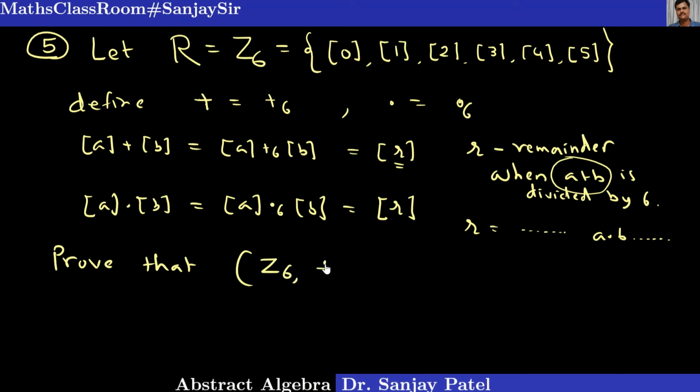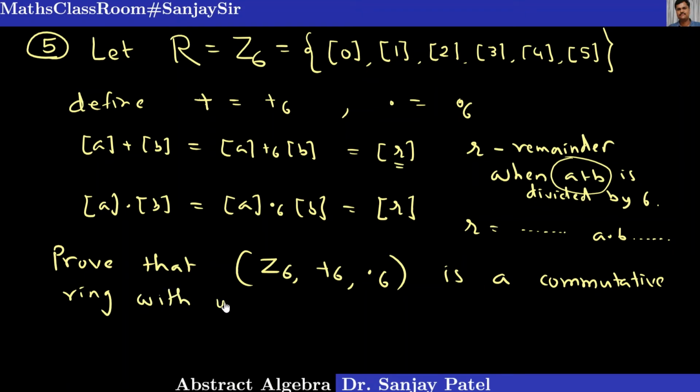Z6, comma, plus 6, comma, dot 6 is a commutative ring with unity and has 6 elements.